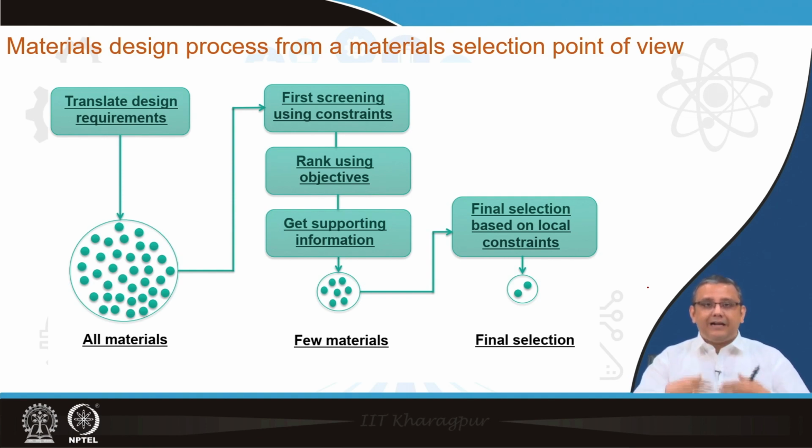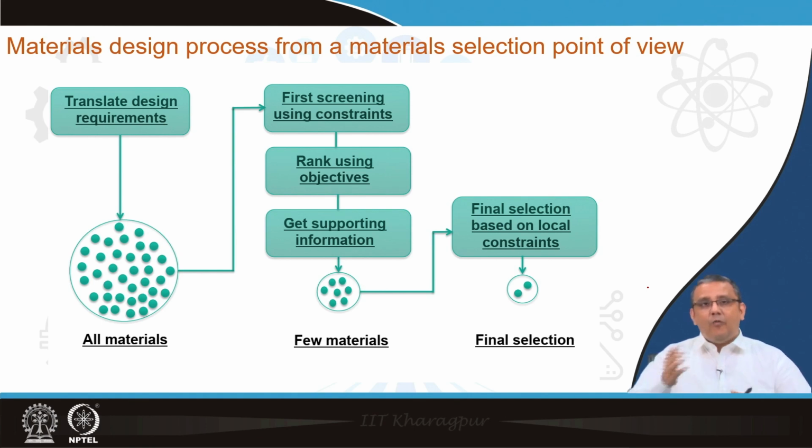If you see the current material palette, there are more than 150,000 different materials available to a materials engineer or a material scientist, from which he or she can develop a new component or a new material. At the beginning, the first stage is to translate design requirements.